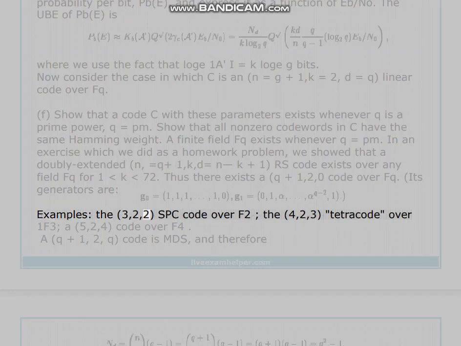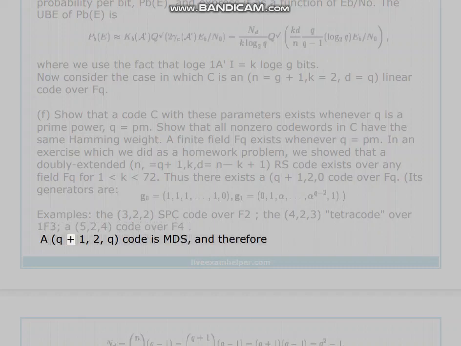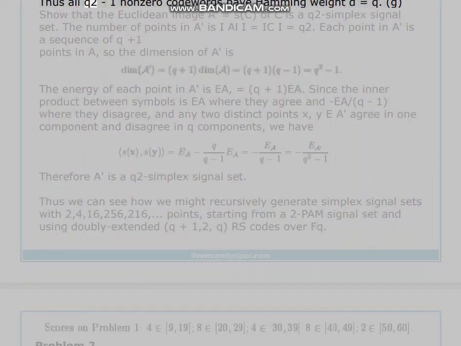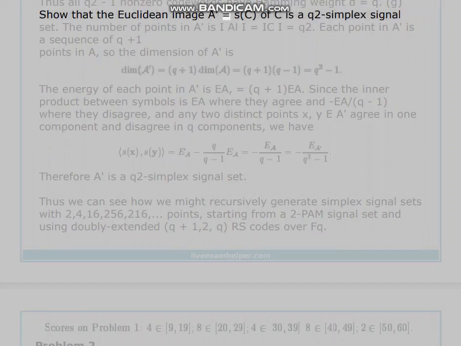Examples: the (3, 2, 2) SPC code over F_2, the (4, 2, 3) tetracode over F_3, a (5, 2, 4) code over F_4. A (q + 1, 2, q) code is MDS, and therefore all q² - 1 nonzero codewords have Hamming weight d = q.